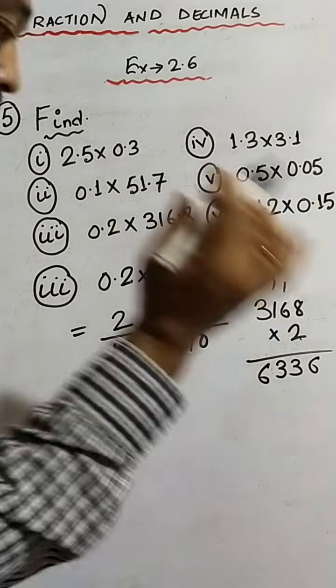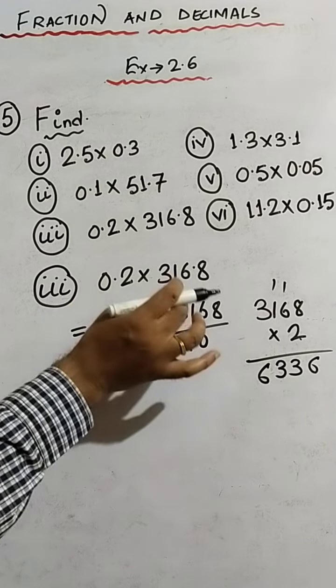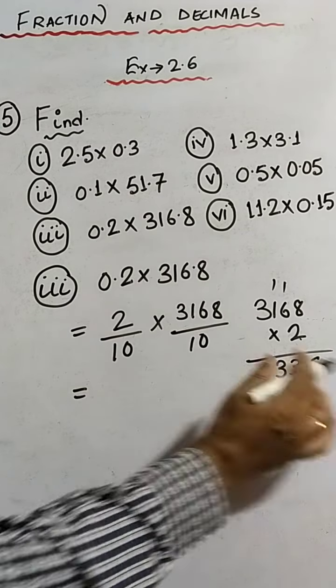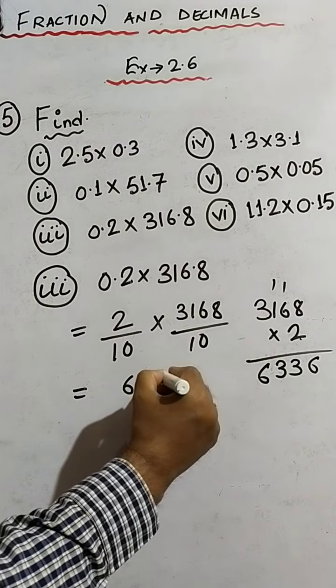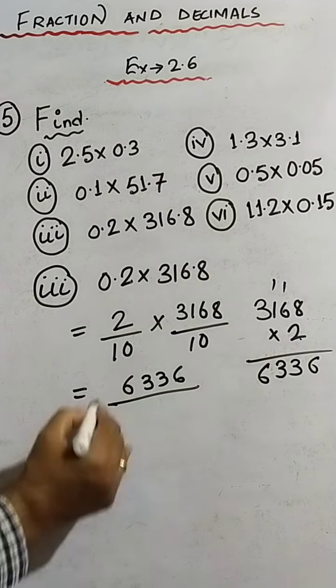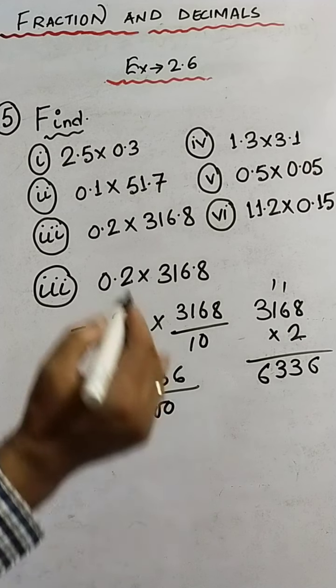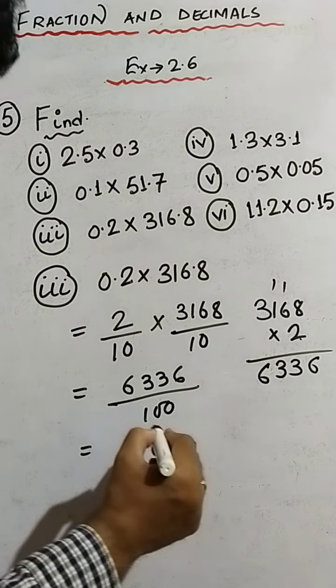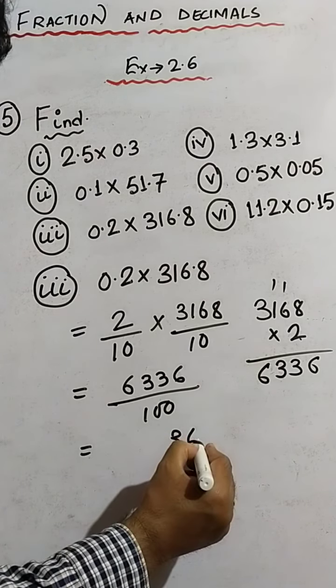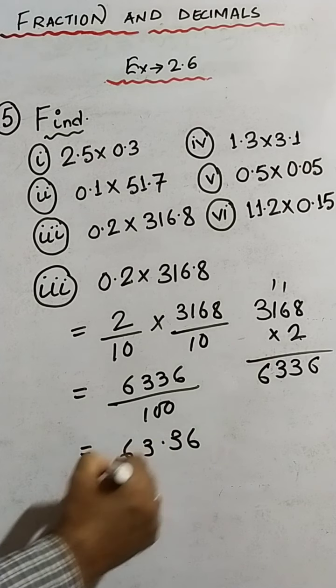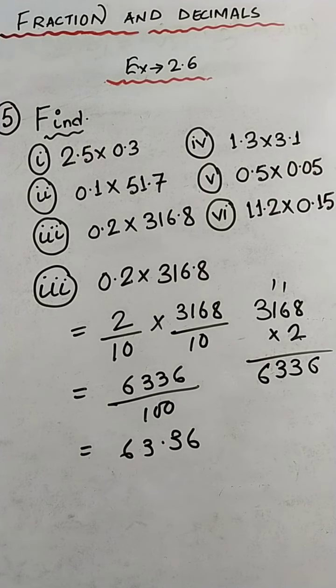If you multiply 2 into 3168, you will get 6336 upon 10 into 10, 100. So what is the answer? Yes, I know that. Everyone is shouting. That is 63.36. So this is the solution of sum number 3.